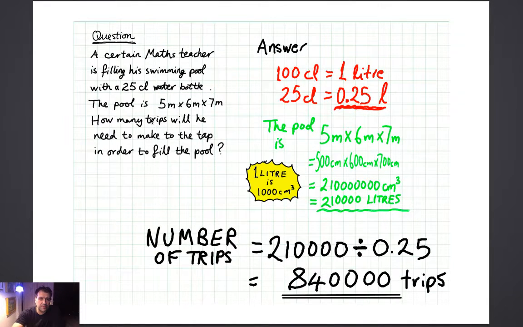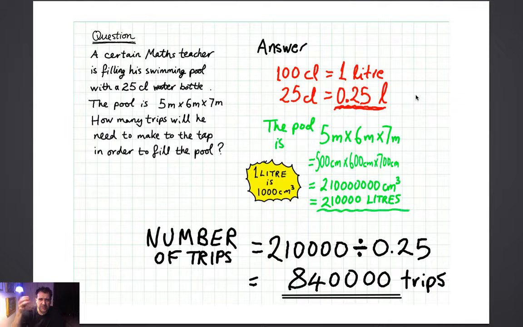So, back to my problem about the certain maths teacher. So, a 25 centilitre water bottle and 5 meters times 6 meters times 7 meters for the pool. Now, I happen to know that 100 centilitres is 1 litre, so 25 centilitres would be 0.25 of a litre.